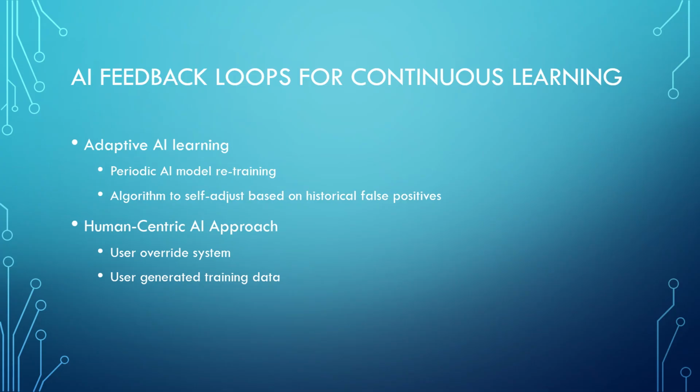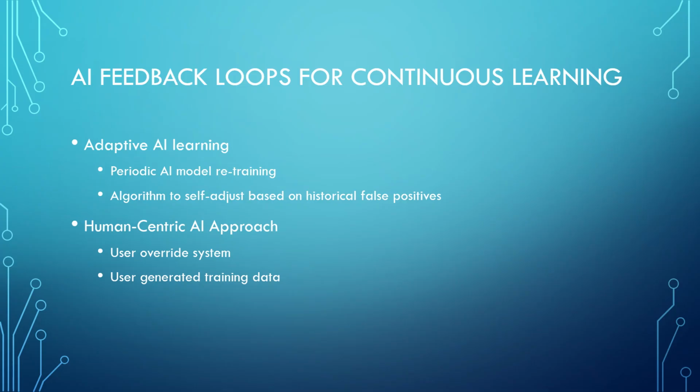Feedback loop for continuous learning. It is very, very important that the model learns by itself based on adaptive AI learning. The first option could be periodic AI model retraining, where we periodically retrain the AI model on the newer set of data, so that the model keeps current learning.